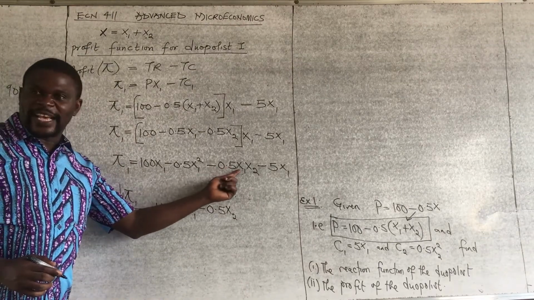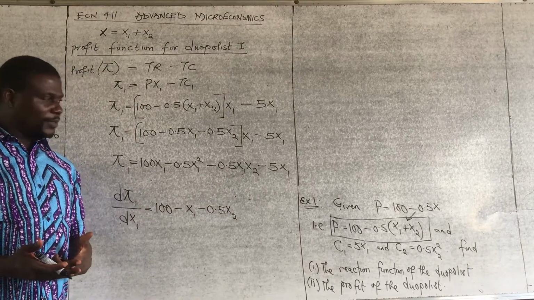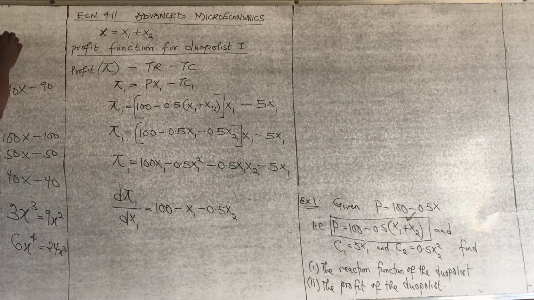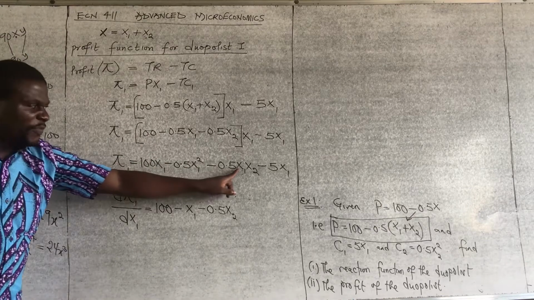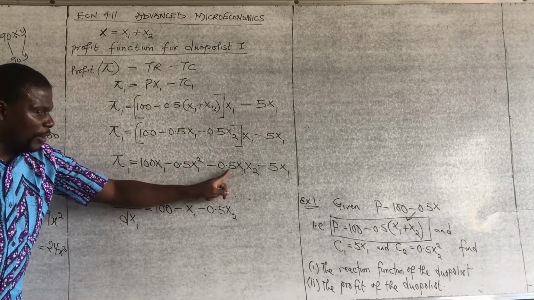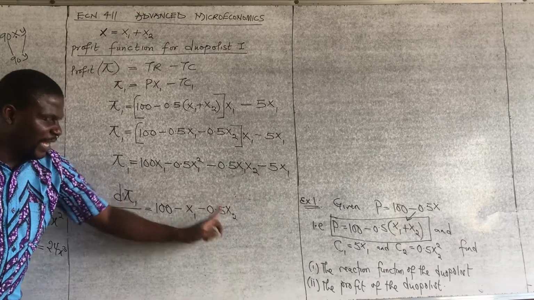Because anything you have around x1 will be your answer. If you have 90xy and you want to differentiate with respect to x, you just pick the 90 and then pick the y, because you are differentiating with respect to x. So here I'm differentiating with respect to x1, I'll just pick the 0.5 and the x2.